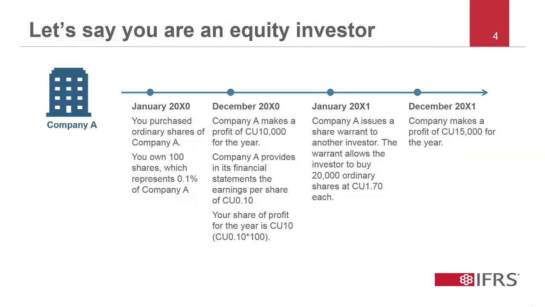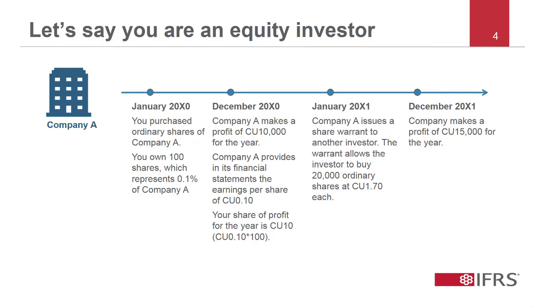Let us say you are an equity investor. On 1 January 20X0, you purchased ordinary shares of Company A. You own 100 shares, which represents 0.1% of Company A. The company has no other equity instruments. Come December, Company A makes a profit of currency units 10,000 for the year.